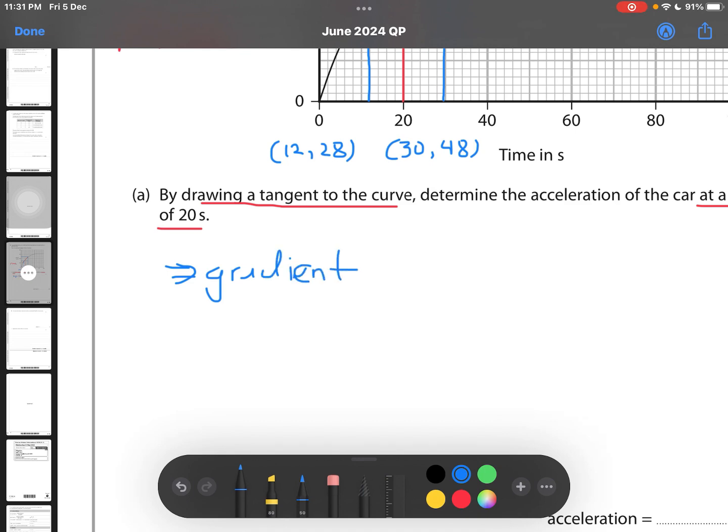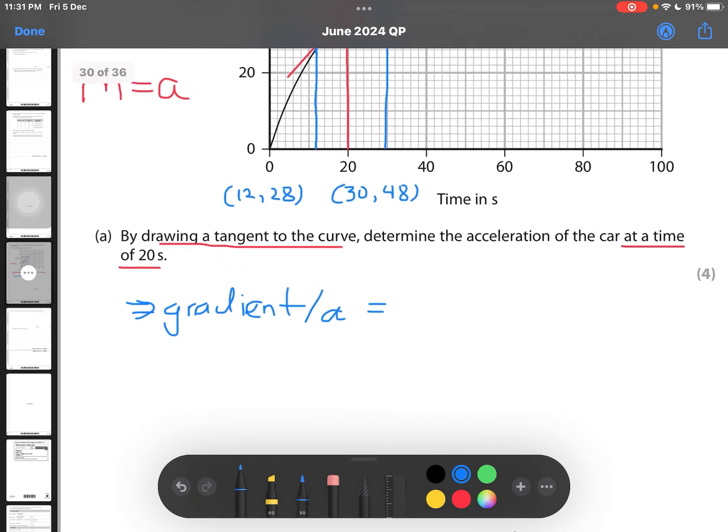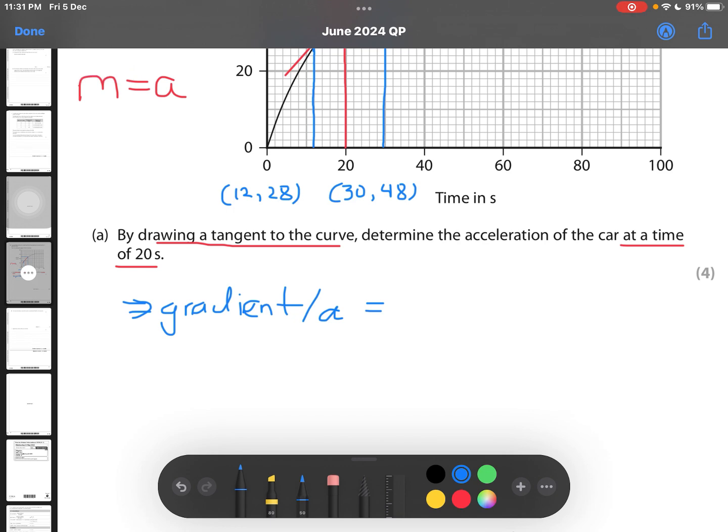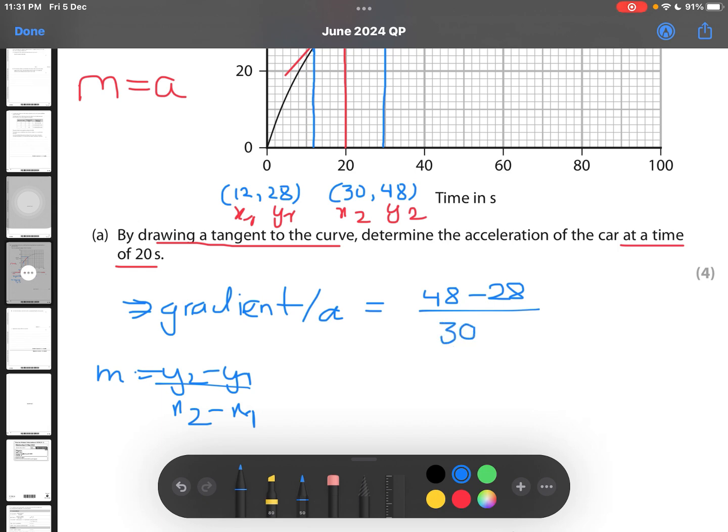You can write gradient, or you can write a equals rise over run, change in y divided by change in x. So we know the formula for gradient, which is y2 minus y1 divided by x2 minus x1. So over here, we have y2, x2, x1, y1. If we write it here, we have 48 minus 28 over 30 minus 12.